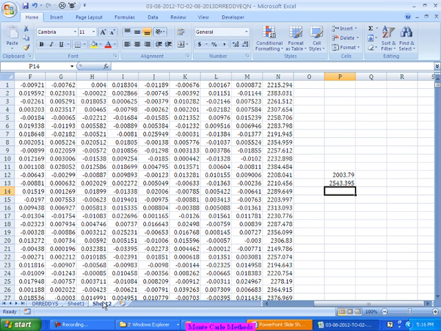Which means there is a 5% chance that your loss could be above that. You define some number for me, right? That's what we typically call value at risk.